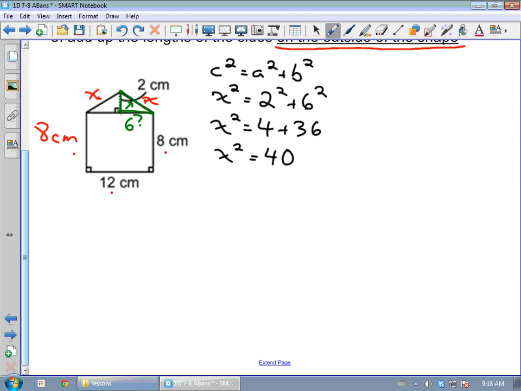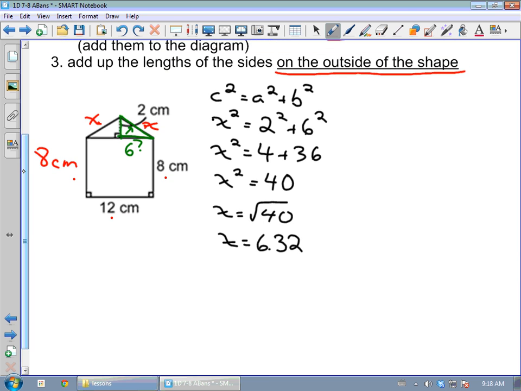So to find x, I'm going to take the square root of 40. So I've got to punch this into my calculator, and I'm going to get 6.32. Okay. So now I could label this, if I wanted to, 6.32, 6.32. My diagram's getting a little bit cluttered here.